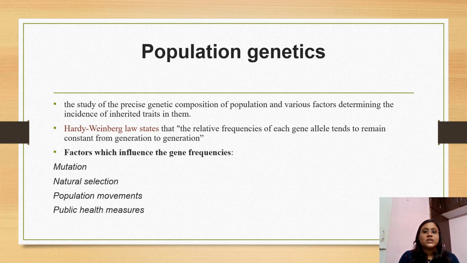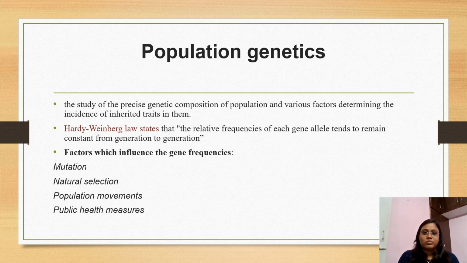The favorable gene survives the natural selection process and carries on from generation to generation, and the unfavorable gene automatically gets deleted. Then population movement, as immigration and emigration will constantly lead to the mixing of populations, and that mixing of the genetic pool will also lead to a change in the genetic composition of the population.